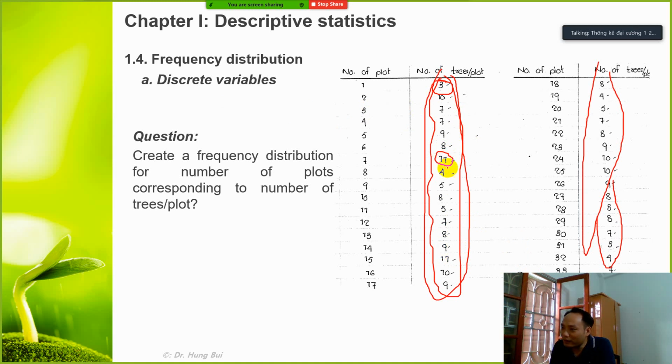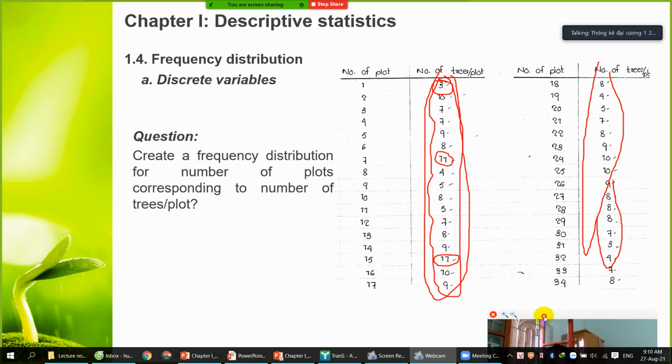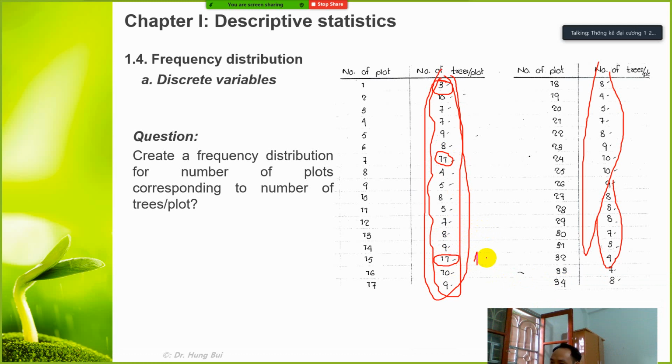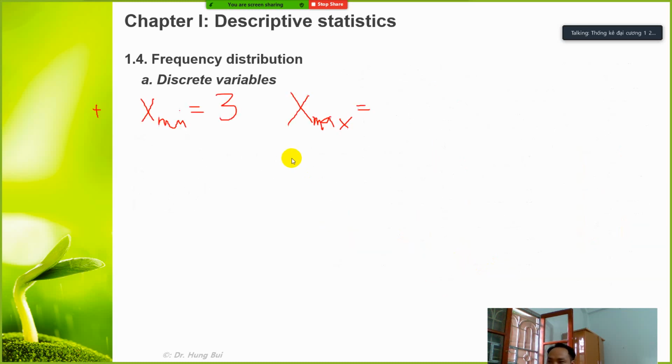Just 11. This number is 11, not 17. So the maximum is 11. Is that right, guys?